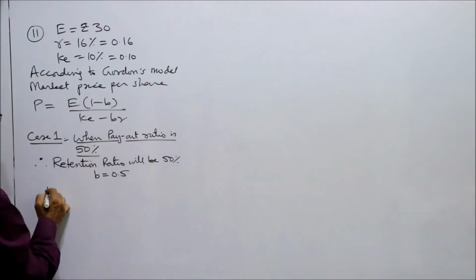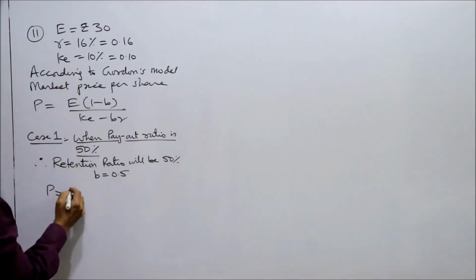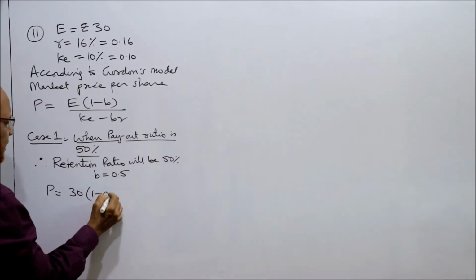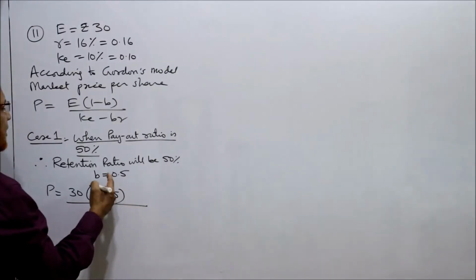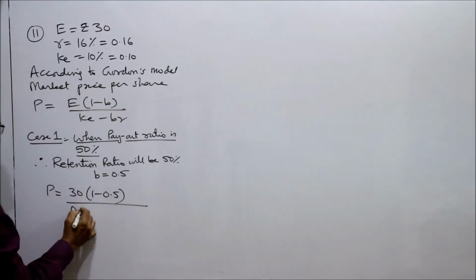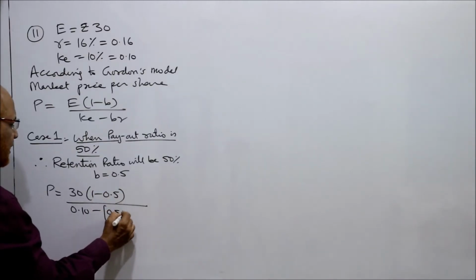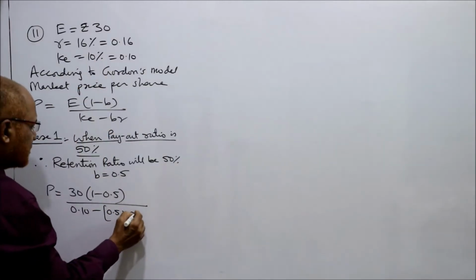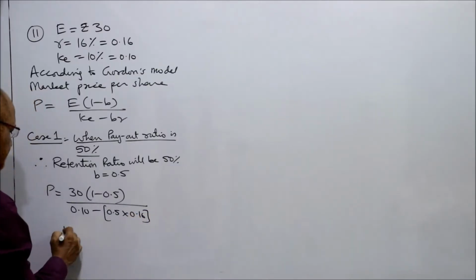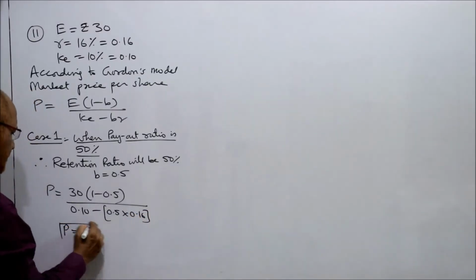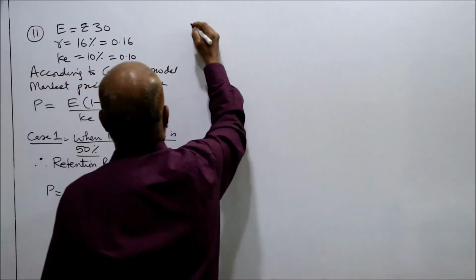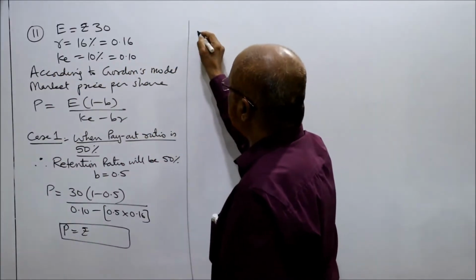Now we substitute the value. P is equal to E. How much is the earning? 30. 1 minus B, 1 minus 0.5, divided by KE 0.10 minus BR. B is 0.5 into R is 0.16. We'll get the value. Now we'll come to case 2.